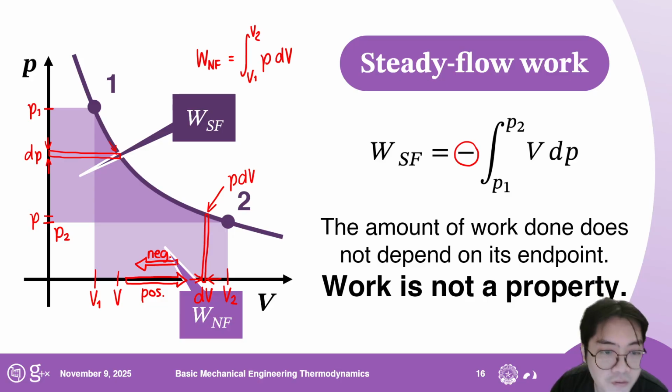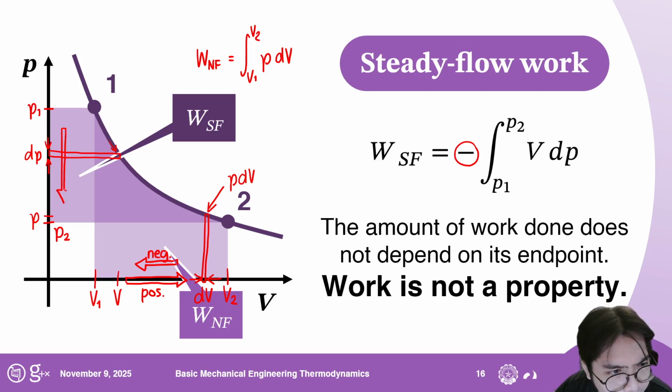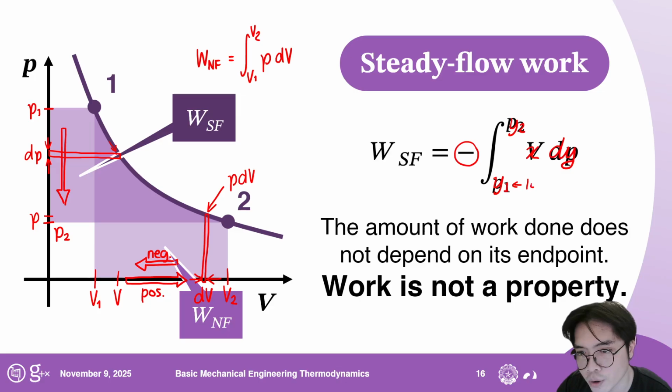So the volume increased, work was done by the system, and what do you notice happen? P1 to P2 is read from top to bottom. So if you think about it, wait a second, that's not the way it's supposed to be read. If you're thinking about this as an x dy, the y1 and the y2 need to be, this should be lower, and then this should be higher, for it to register as a positive kind of work.